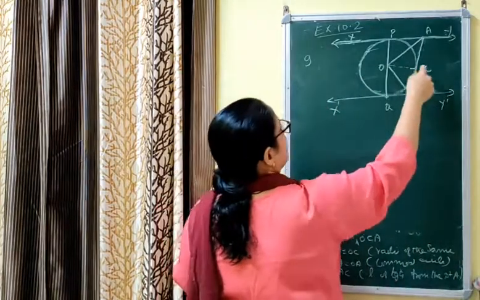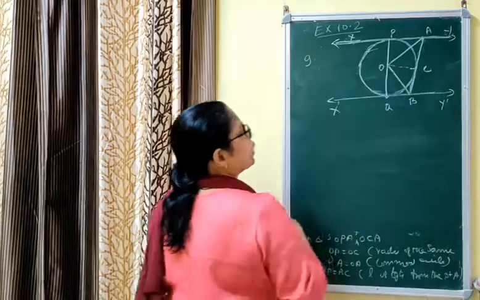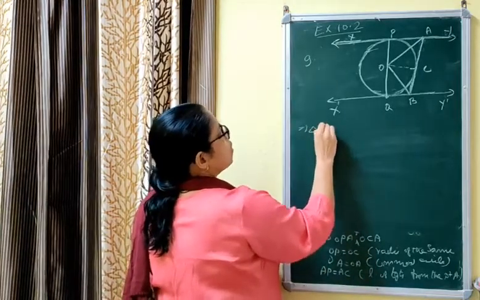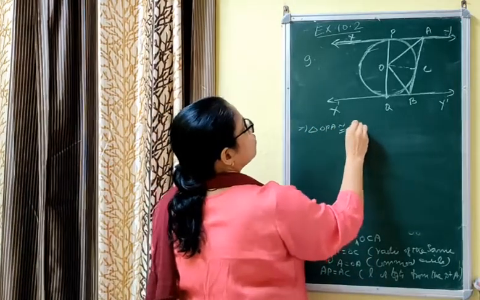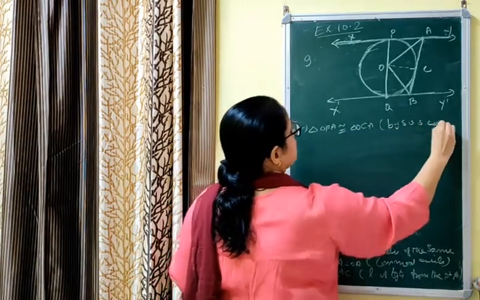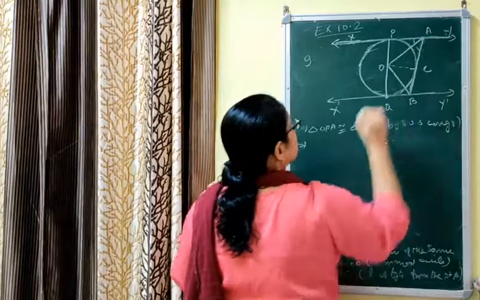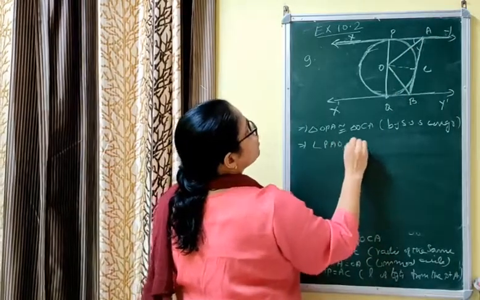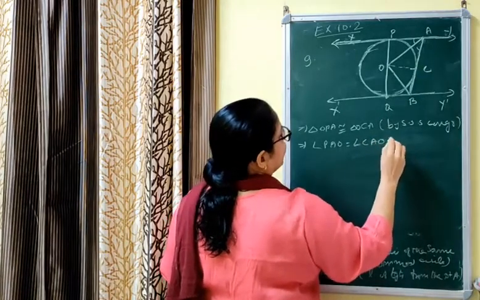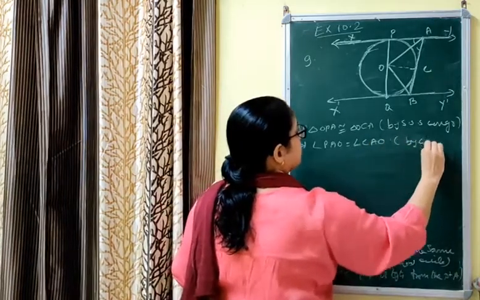That is, in triangles OPA and OCA, OP equal to OC, radii of the same circle, OA equal to OA, common. Similarly, AP equal to AC. That implies triangle OPA is congruent to triangle OCA by SSS congruence condition. That implies both angles are equal: angle PAO is equal to angle CAO by CPCT.